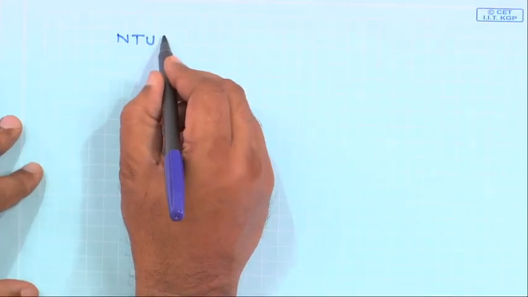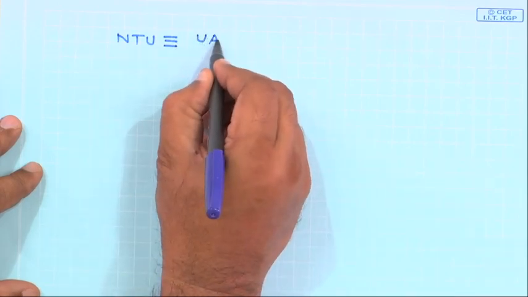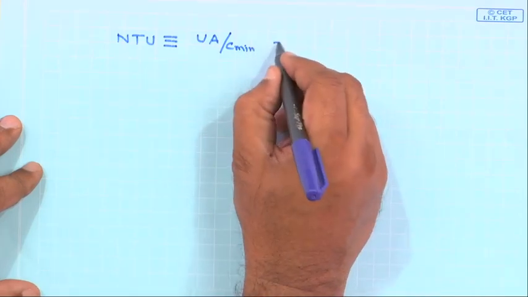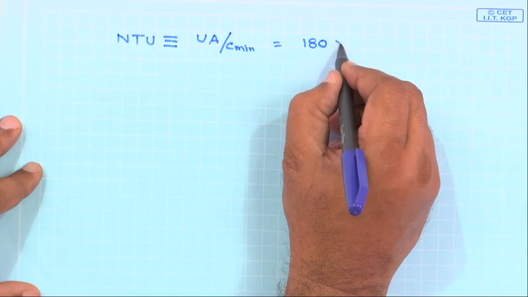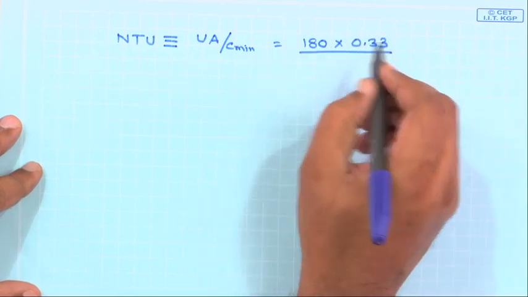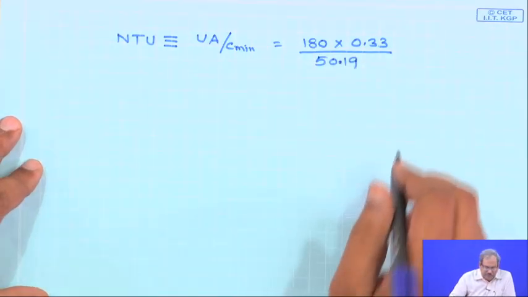The next is, from definition, the NTU, the number of transfer units, is defined as UA divided by C minimum. The U provided is 180 watt per meter square Kelvin, the area provided is 0.33, and the C min that we have just calculated is 50.19.